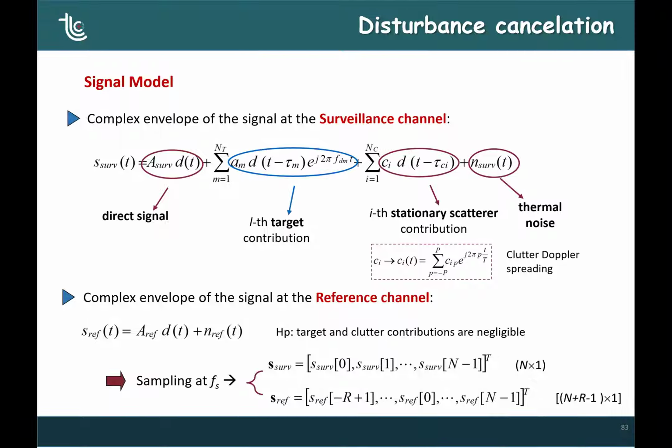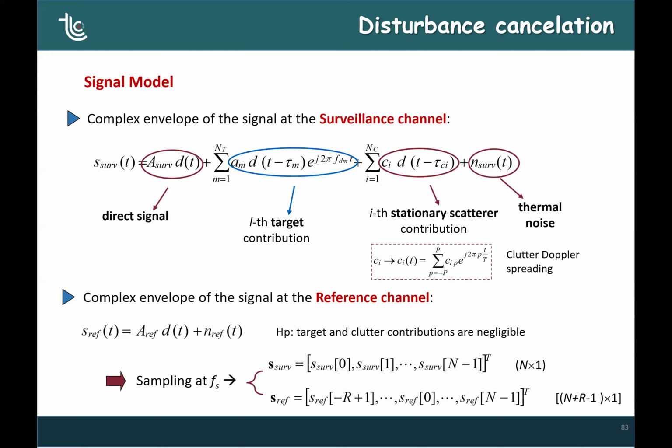Each of the NT targets contributes with a copy of the transmitted signal, delayed by tau m. This tau m is the bistatic delay, so it depends on the bistatic range of the target, multiplied by the complex amplitude A sub m.